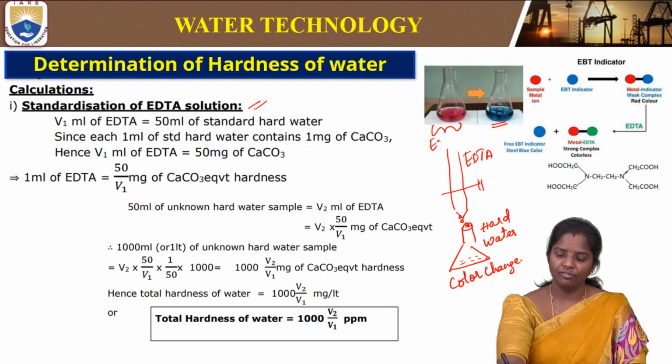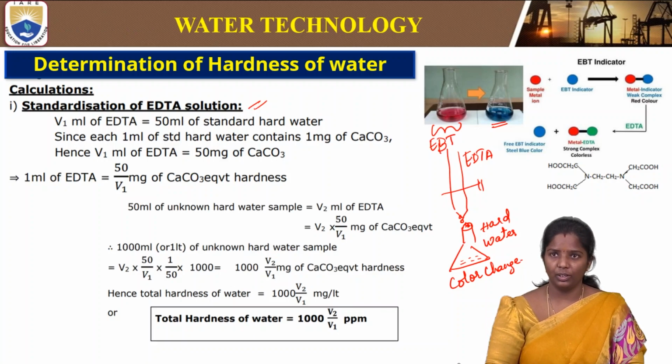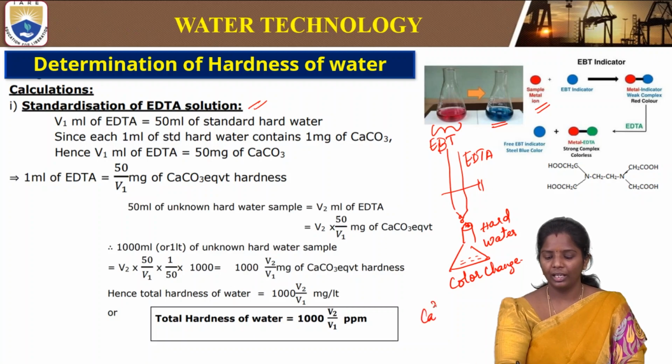This is because of the EBT indicator we add, that is Eriochrome Black T or Solochrome Black T indicator. Whenever we add this indicator to the water sample, it turns pink or wine red because of the formation of a complex like calcium-EBT or magnesium-EBT complex.